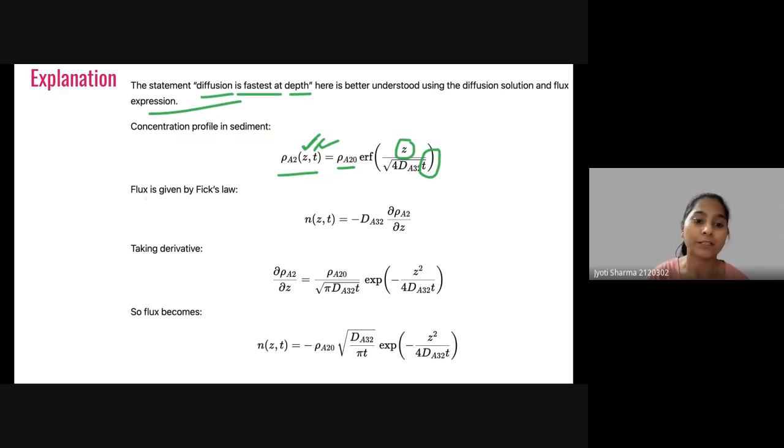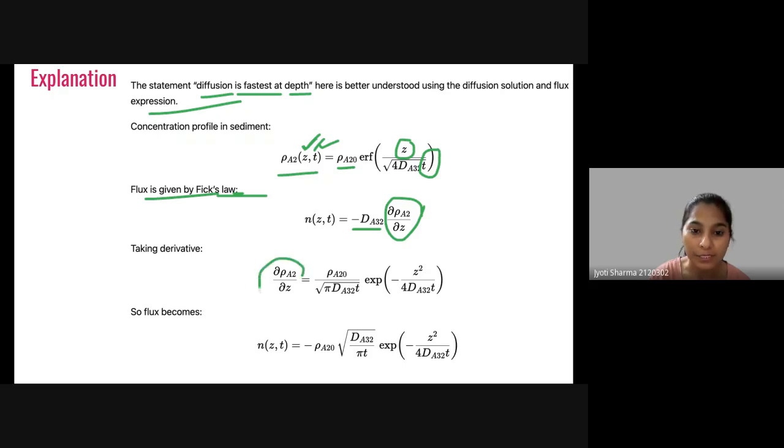And we know that flux is given by Fick's law. We already have learned that this is your diffusion coefficient, and this is the change in concentration with distance z from the interface. And if we put things into this, here we have a partial differential equation.